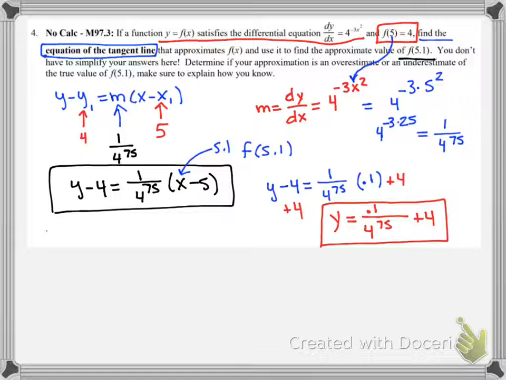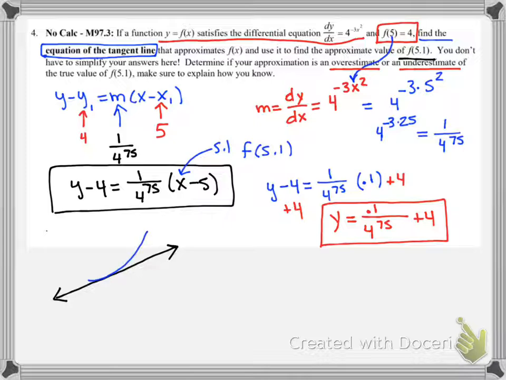The last part asks if your approximation is an overestimate or an underestimate. And the only way to figure that out is to go back to our concavity. We've got some line estimating some curve.